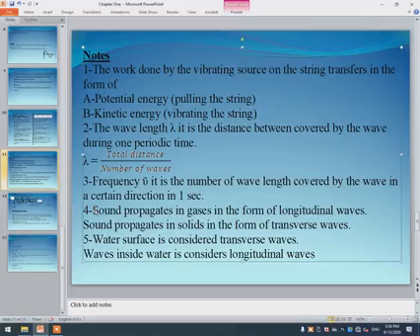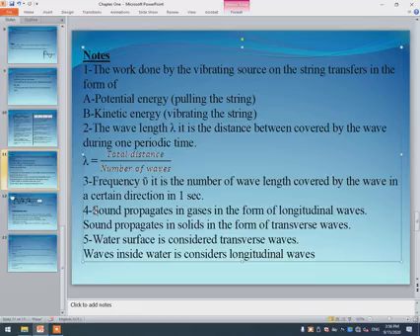And the periodic time, we can define T. T, capital T, the periodic time, is the time needed to make one complete oscillation. We can replace one wave by one wavelength. So T, the periodic time, is the time for the wave to cover one wavelength.